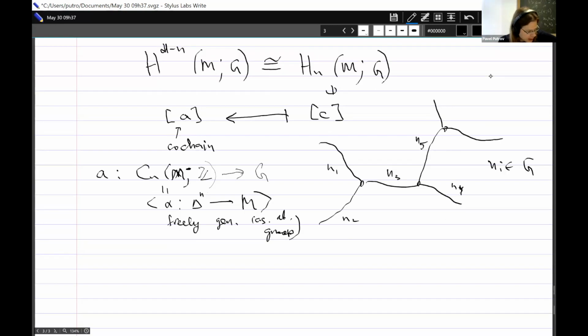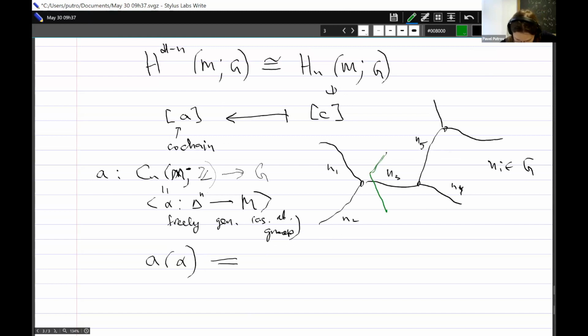And so it's enough to define the value of the cochain on an arbitrary singular n-simplex alpha.